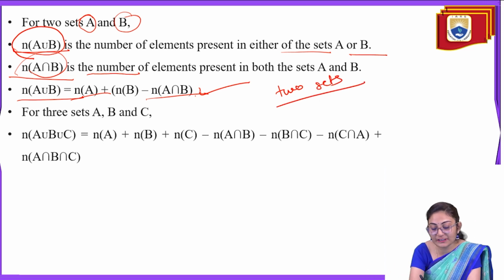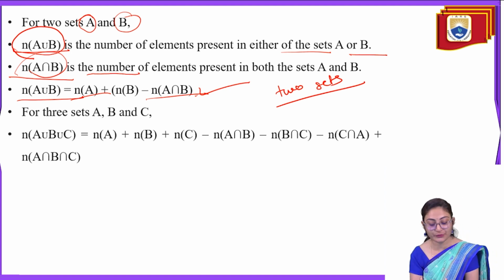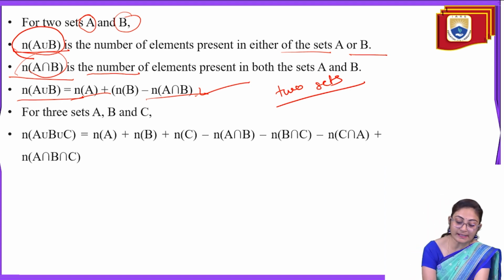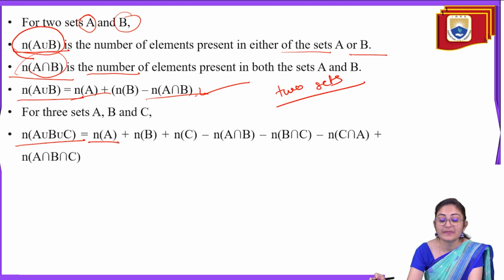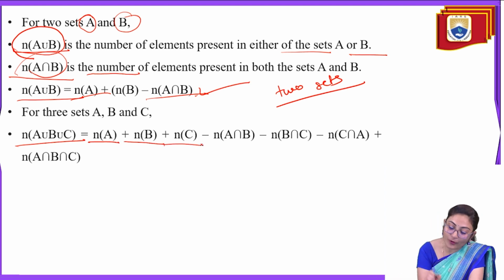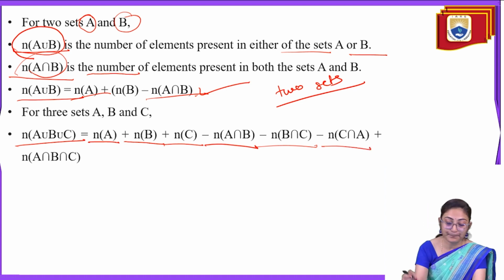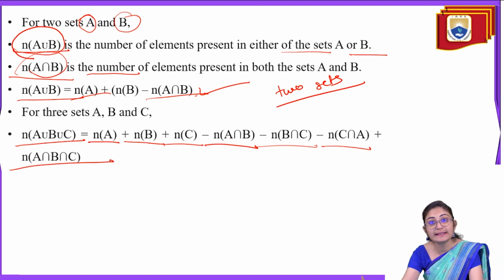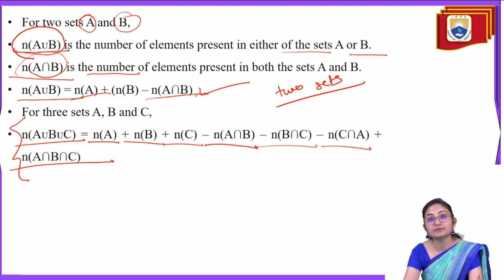If you have three sets, there is another formula: n of A union B union C is equal to n of A plus n of B plus n of C minus n of A intersection B minus n of B intersection C minus n of C intersection A plus n of A intersection B intersection C. These two formulas are very useful.